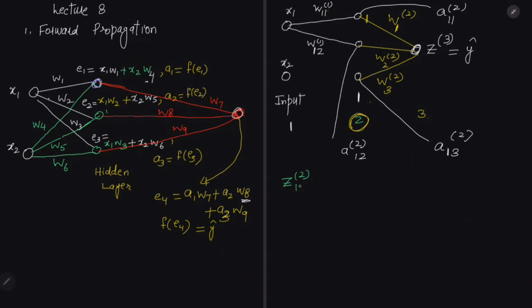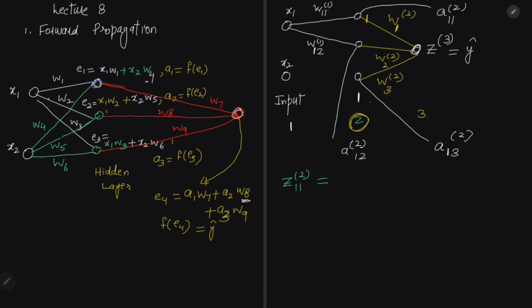Z211 can be obtained. The 2 means we are in layer number 2, and 1 means the input 1 and the neuron number 1 in the layer number 2.